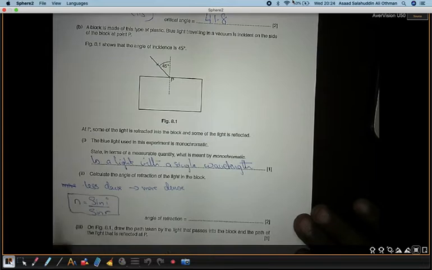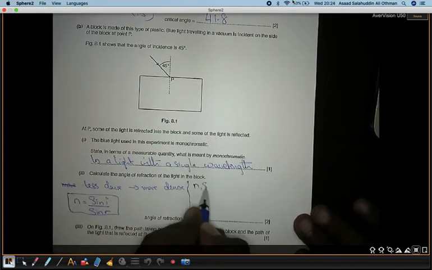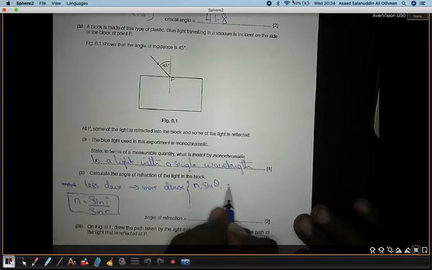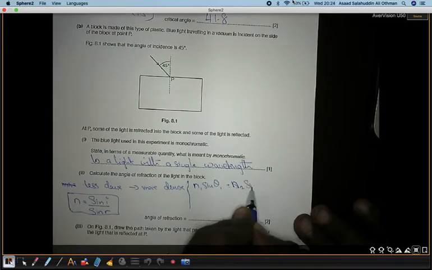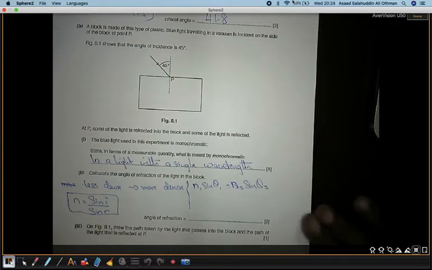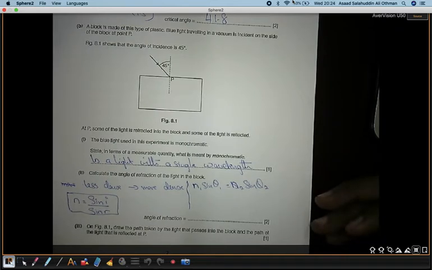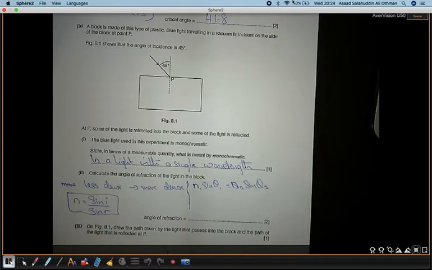That's one way. But if you want to do it the other way that we used to do it, you say n1 sine theta 1 equals n2 sine theta 2. And that's another way. I don't know if I confused you, but try to keep up.